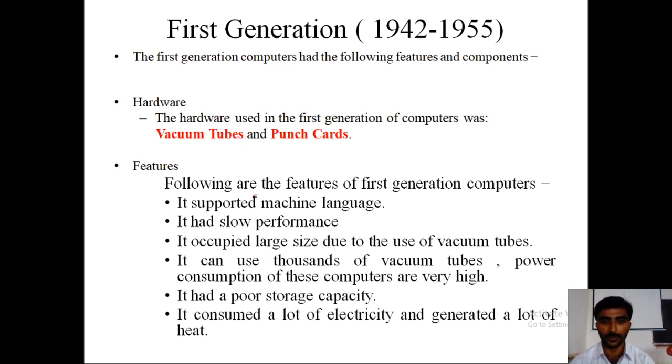When you use vacuum tubes for memory, it takes thousands of vacuum tubes to make those computers, so they take large rooms. When you use thousands of vacuum tubes, automatically it takes a large space to install your computer. And the power consumption of these computers is very high.